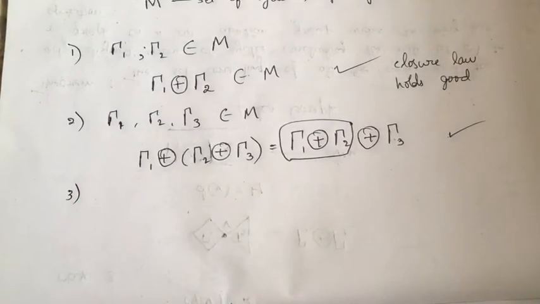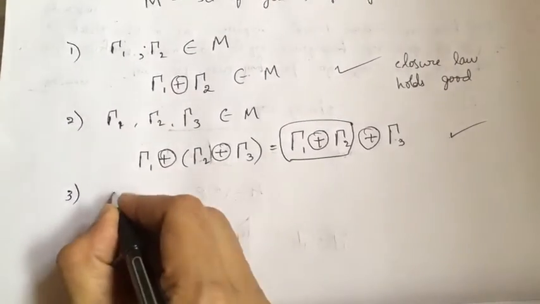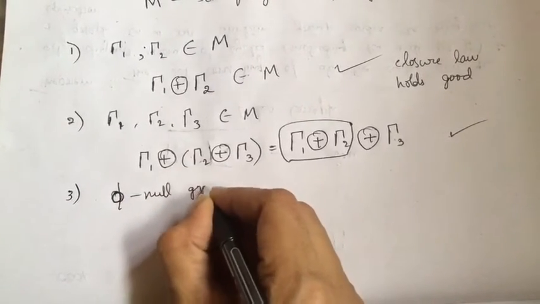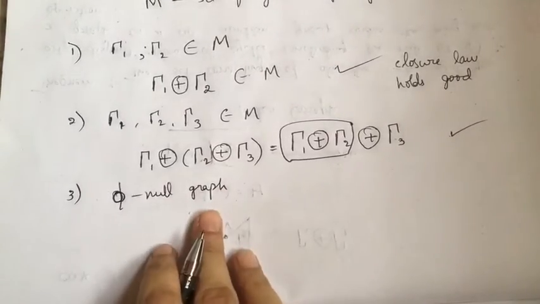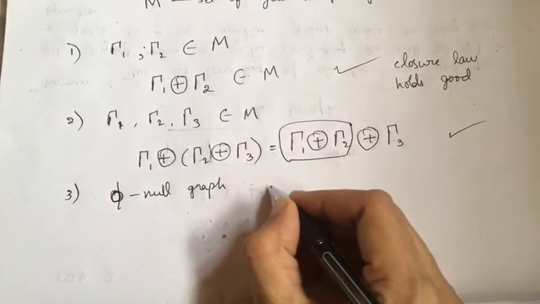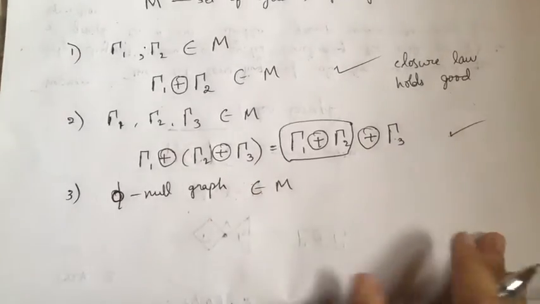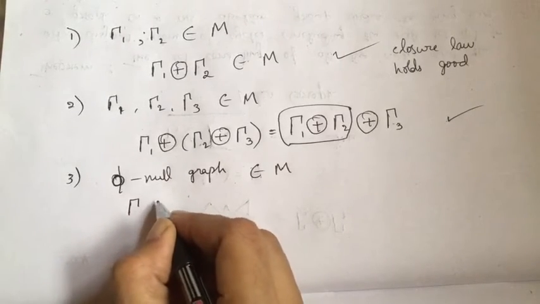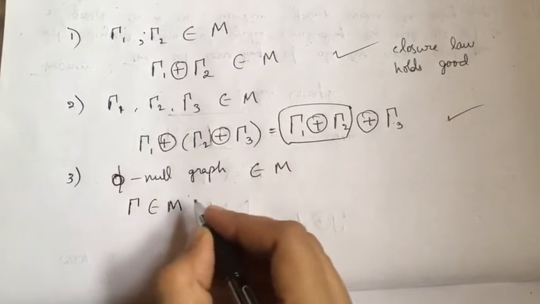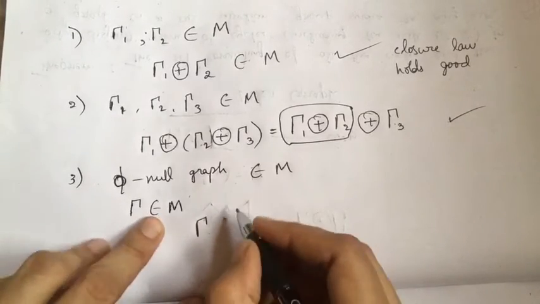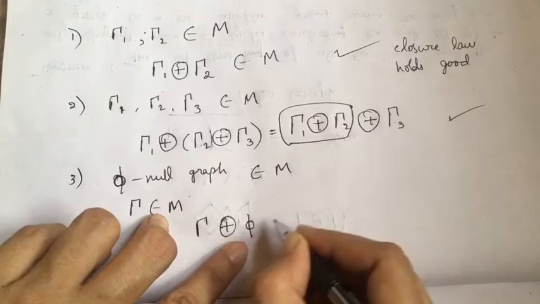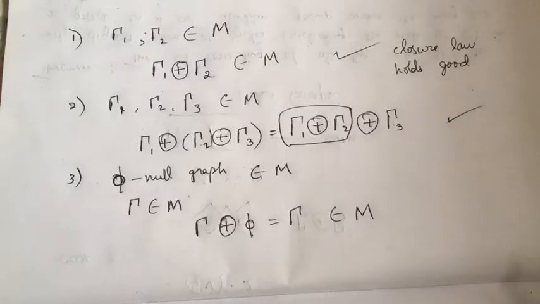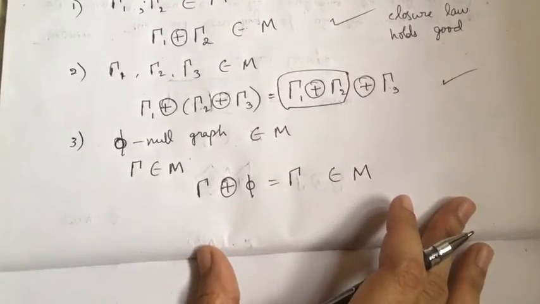So when I come to identity, the null graph is an identity element in M, since for every circuit gamma in M, ring sum of this circuit with the null graph gives me the circuit itself, and of course it belongs to M. So identity property holds good.